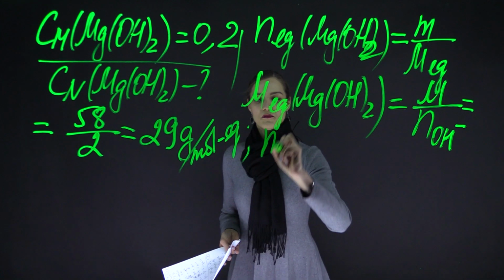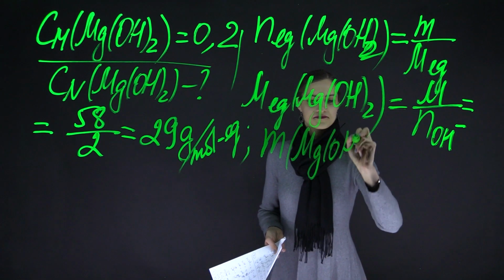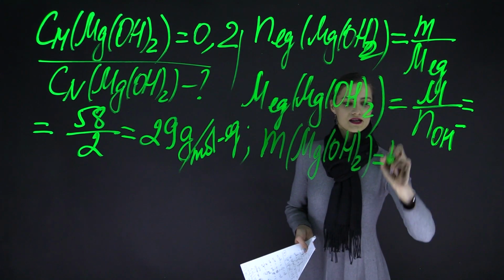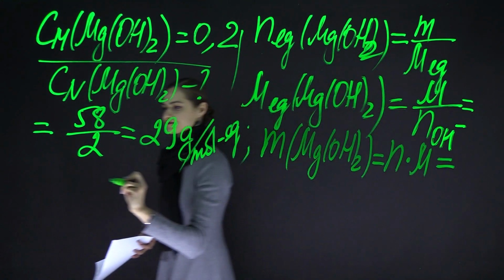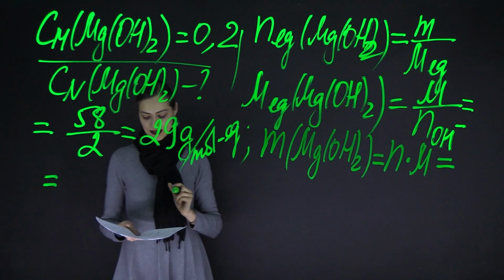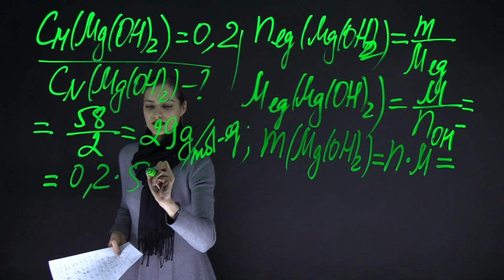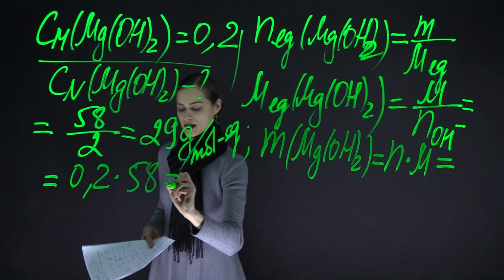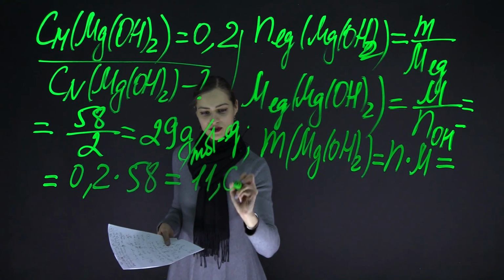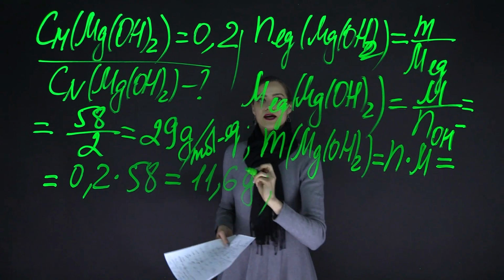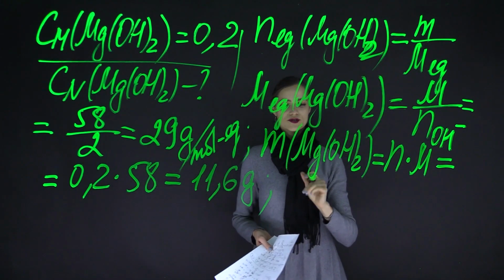So the mass of this substance is the number of moles multiplied by the molar mass, and what we have is 0.2 multiplied by 58, so it gives us 11.6 grams.